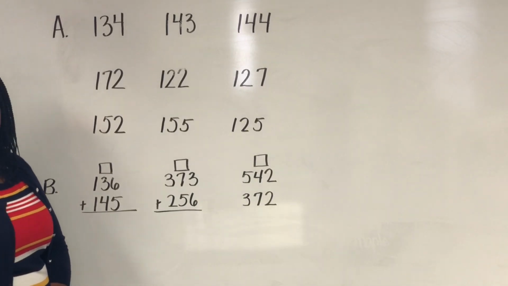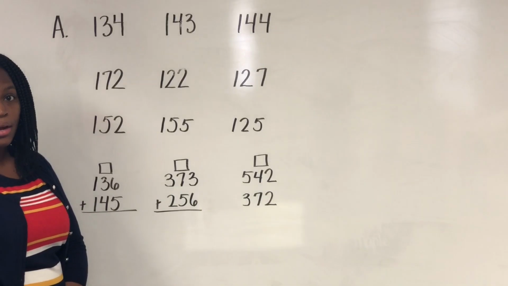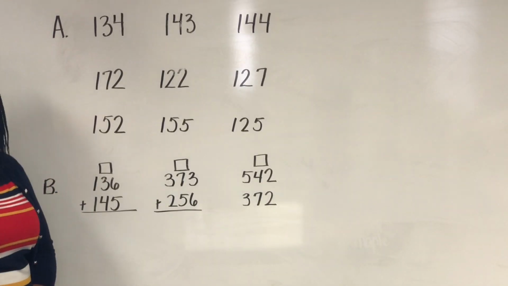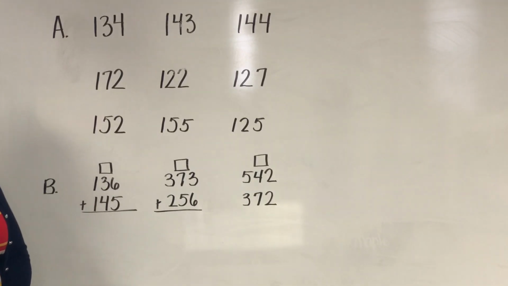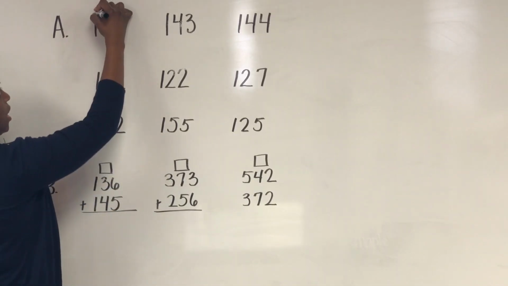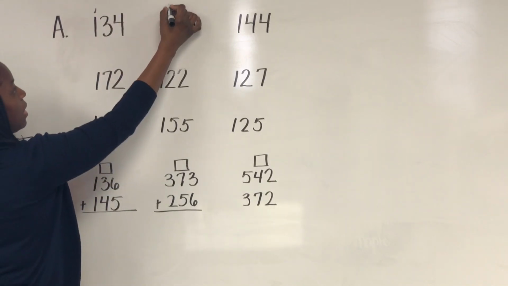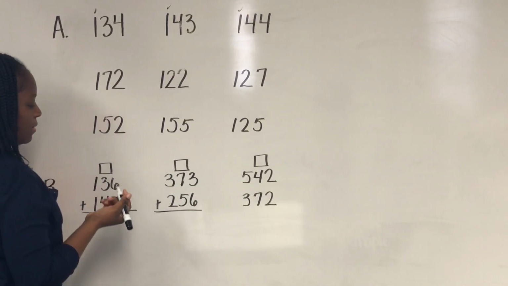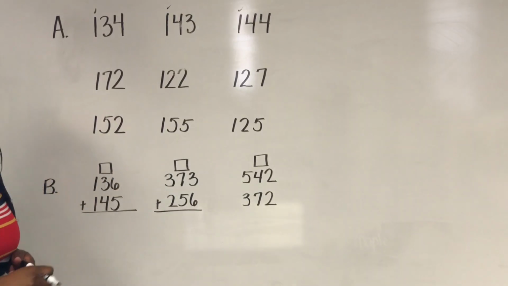To find the greatest number, we need to compare place value by place value. Since our numbers have 3 digits in them, we're going to compare the hundreds place first. I notice there's a 100 in this number, and 100 in this number as well. Now we're going to compare our tens.